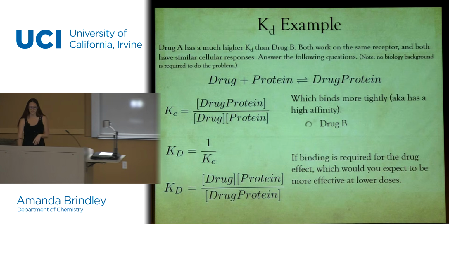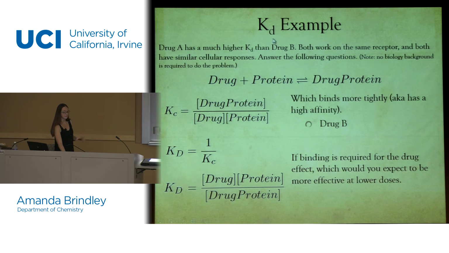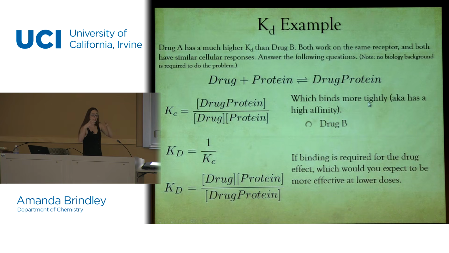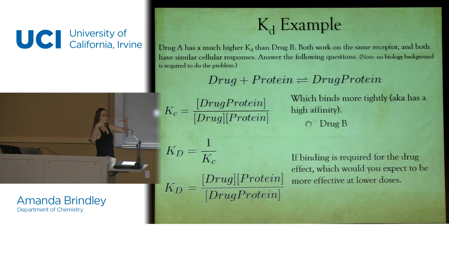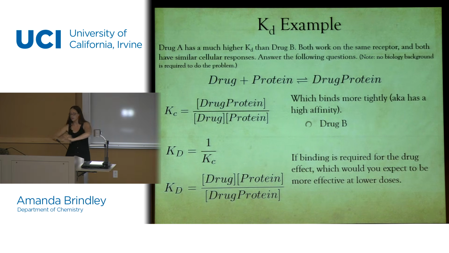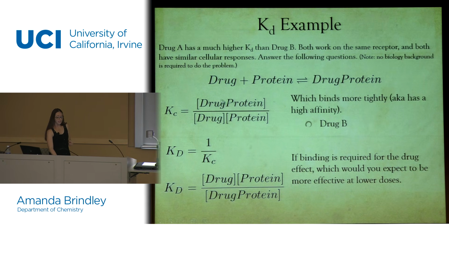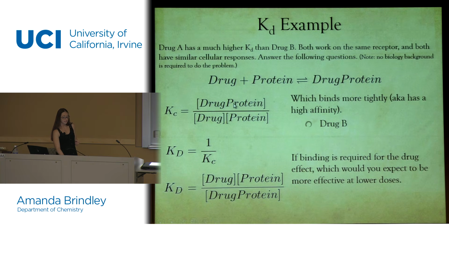I'll talk through the exact same thing one more time. Which binds more tightly means you're going to have more product, more drug protein complex. So when we look at our Kc, we're going to have a higher Kc, which means a lower Kd, which means it's drug B.